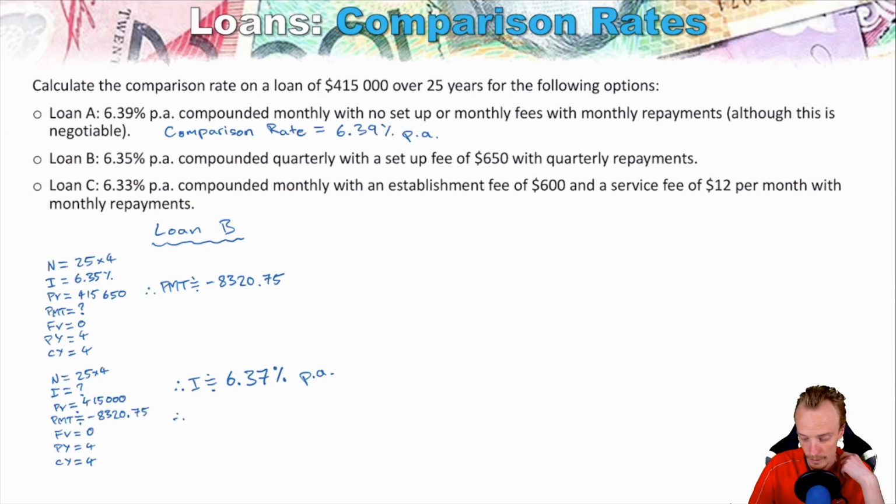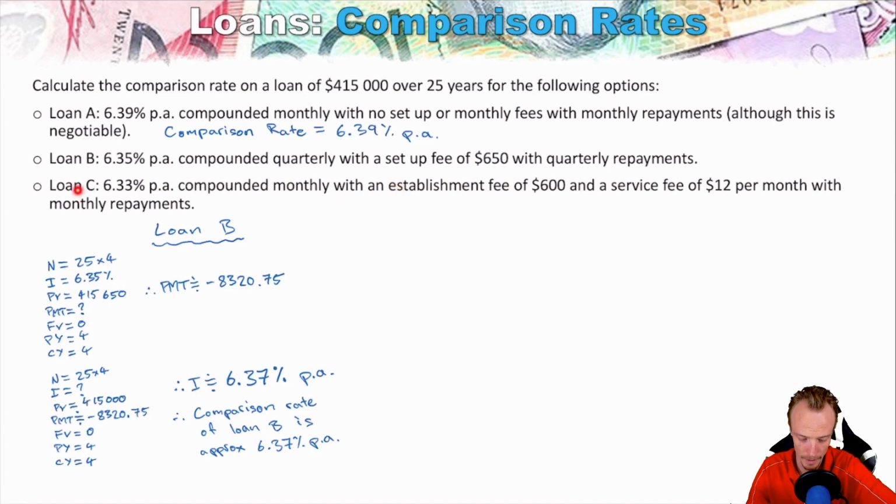So we might just quickly write under, so we know, therefore, comparison rate of loan B is approximately 6.37% per annum. All right, so that's the step-by-step of going through and calculating this if there was a setup fee, but there was no monthly fee.